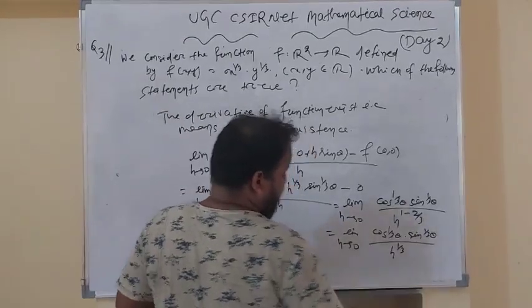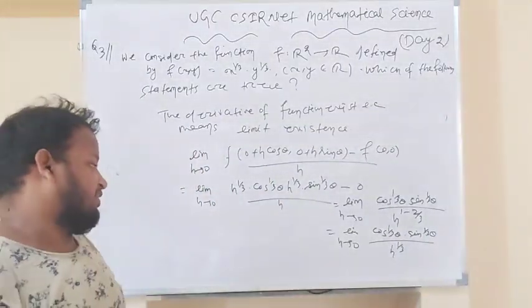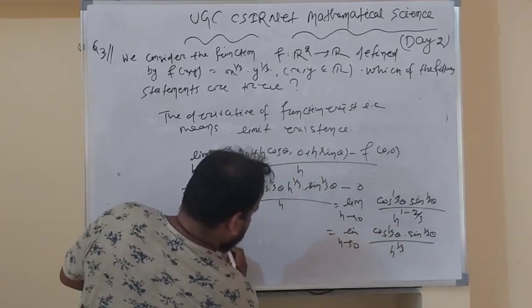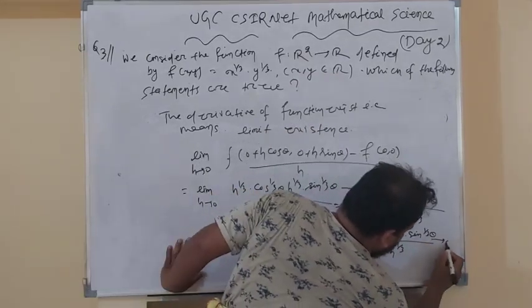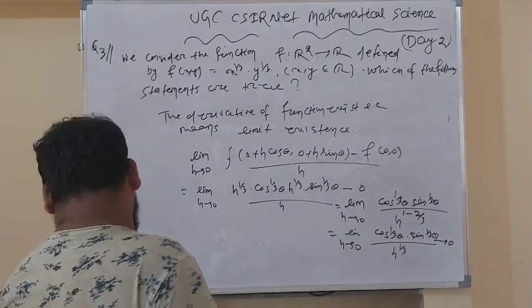When will this limit exist? If the value of sin theta cos theta is 0, then the limit exists, otherwise it does not exist.